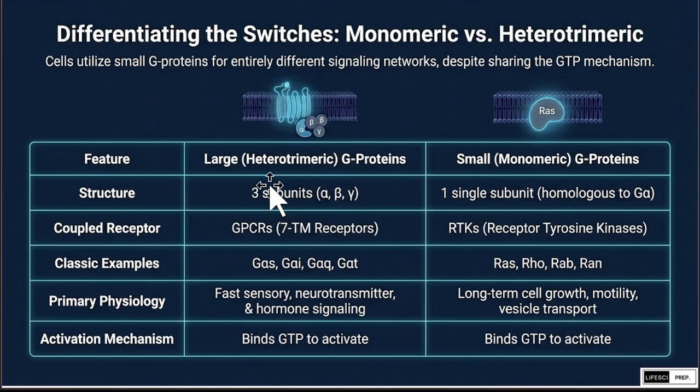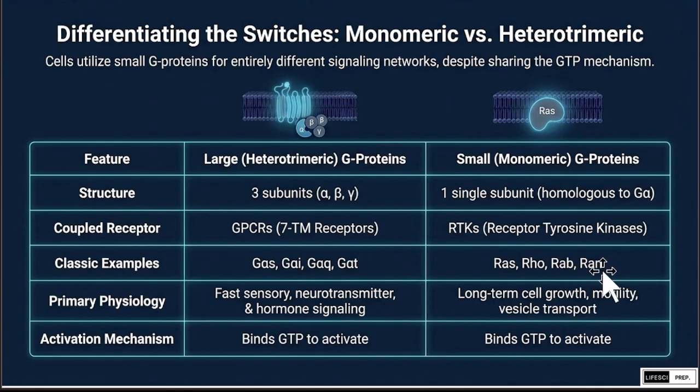As shown in the table, the heteromeric G protein has seven transmembrane receptors, four types, for fast sensory, neurotransmitter and hormone signaling, and binds GTP to activate. But the monomeric G protein has one subunit. It activates RTK, receptor tyrosine kinase, that we will study in the next class or maybe later.